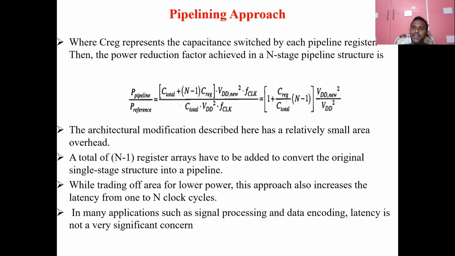If you want to drive a single stage, the voltage required is VDD, but here we have to drive n minus 1 register arrays, including the n stages of the circuit. So that's why we have to increase the power supply. So that is VDD new square by VDD square.